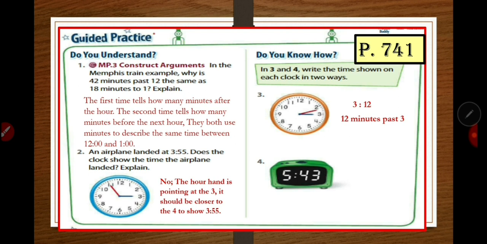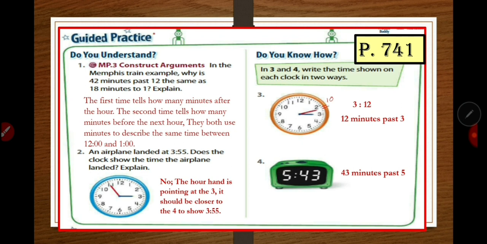Next, number 3, write the time shown on each clock in 2 ways. We can see there the short hand is pointing close to 3, and the minute hand is pointing to, okay, the minute for 2 is 10, and then after that, count by 1. So 10, and then 11, and then 12.